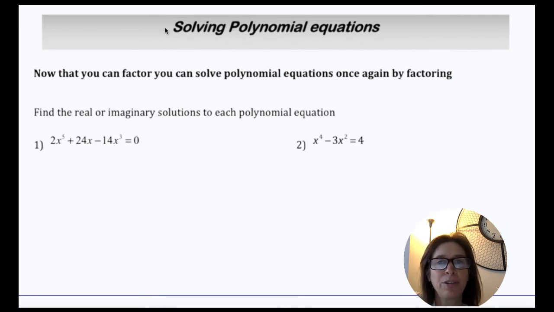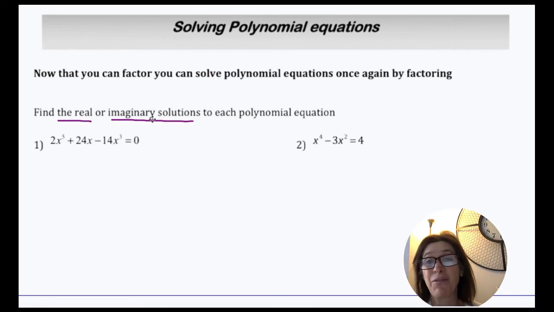But it's really important to look at what they're asking you to find, because they could be asking you to find the complex solutions, which means the real and or imaginary solutions. And sometimes they might just ask you for the real solutions. The real solutions are the ones that are going to have x-intercepts. That's where an x-intercept is going to lie.